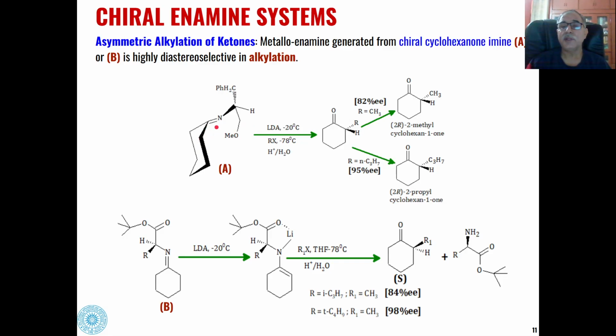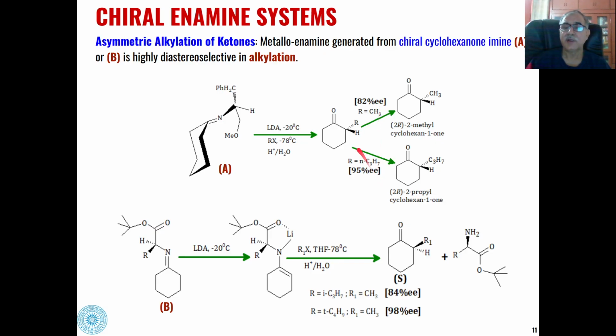And these enamine derivatives then undergo alkylation in a diastereoselective manner to produce optically active alpha substituted ketones as the product. And depending upon this R, if this R is methyl, the enantioselectivity is 82% enantiomeric excess in this case.